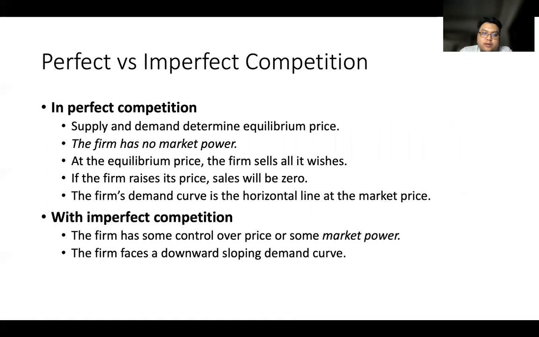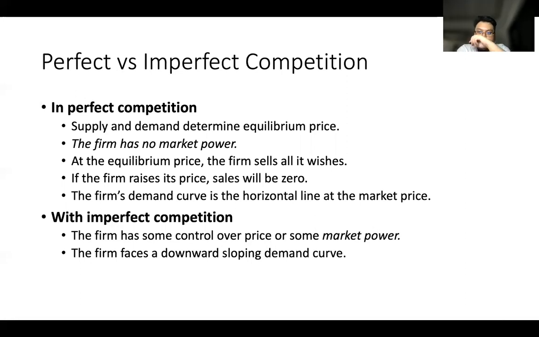Now let's compare perfect and imperfect competition. In perfect competition, supply and demand determine the equilibrium price. In perfect competition, the firm has no market power, meaning they don't have the ability to influence. In a nutshell, that's what market power is.